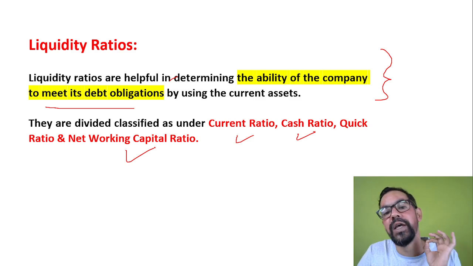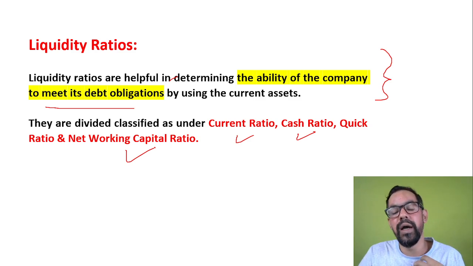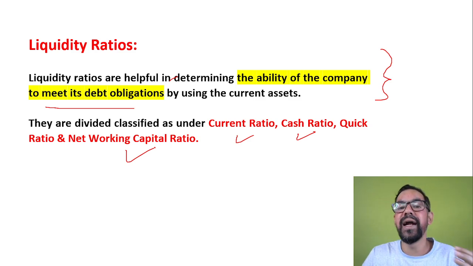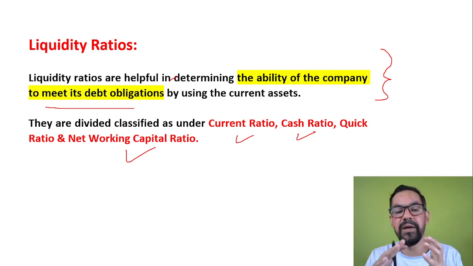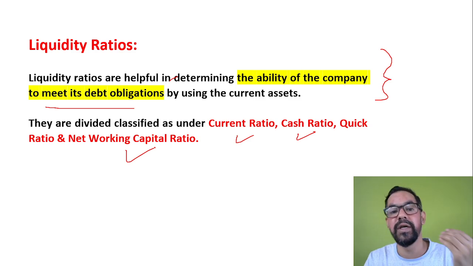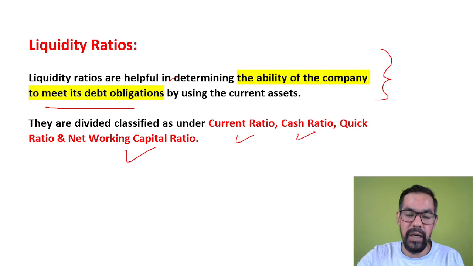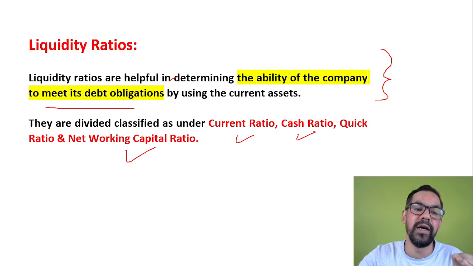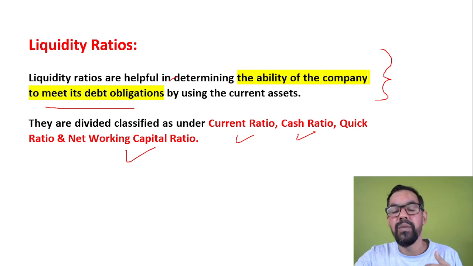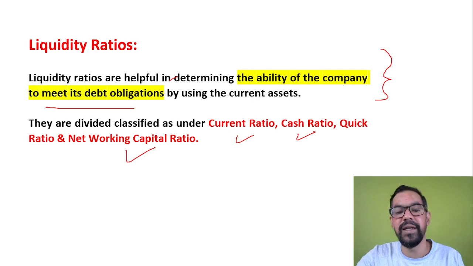With their help, anyone making this analysis will know how the company will meet its debt obligations in the short term. We will discuss these ratios in detail, including the formulas, with some cases as well.